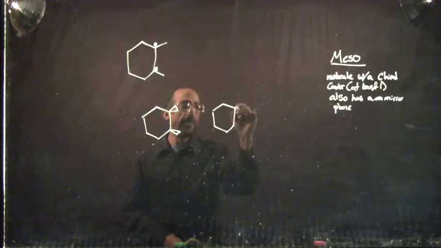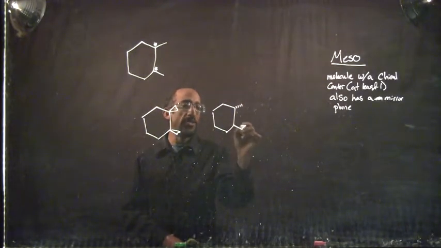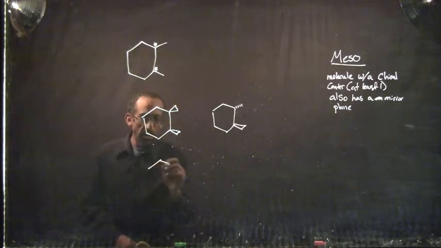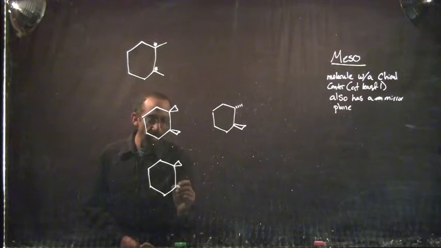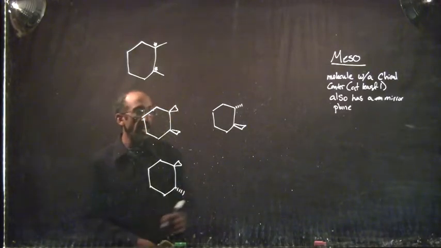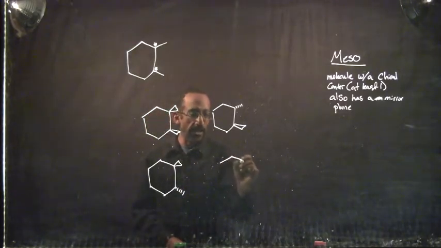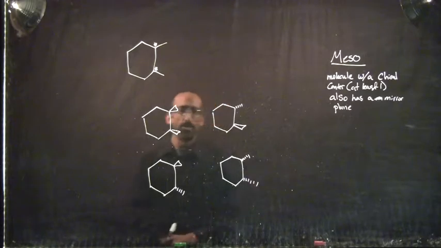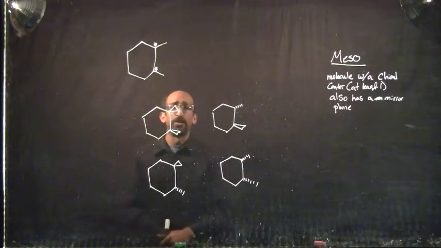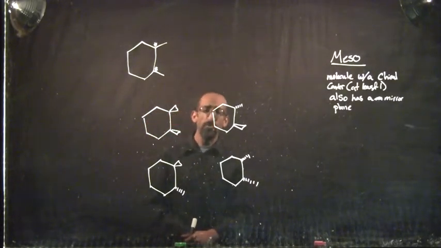I can have hash and wedge. I can have wedge and hash. And finally, I can have hash and hash. So 4 different configurational stereoisomers, right?